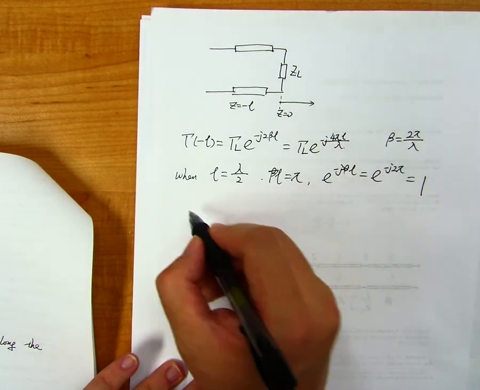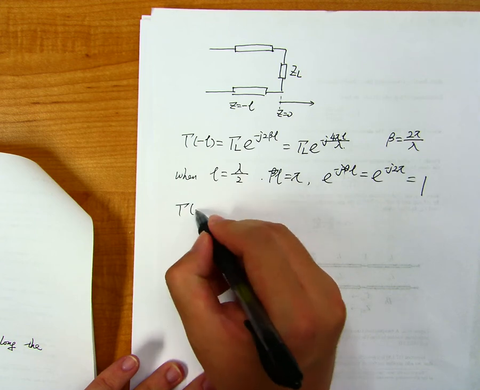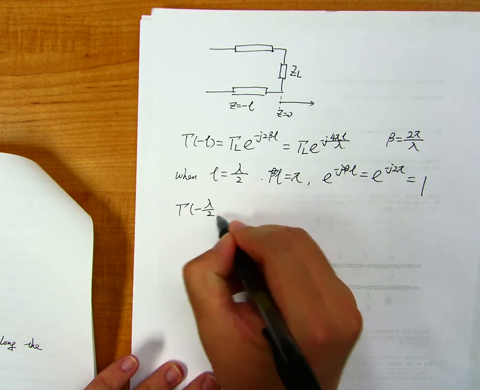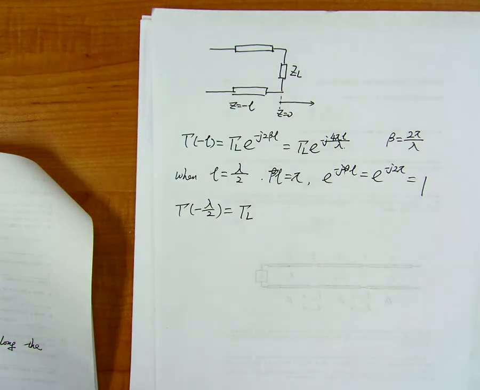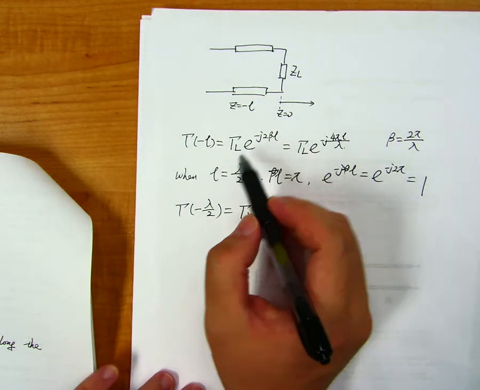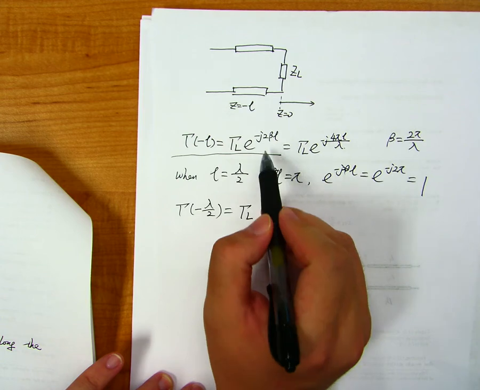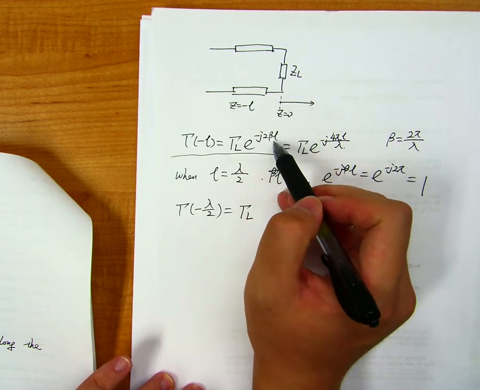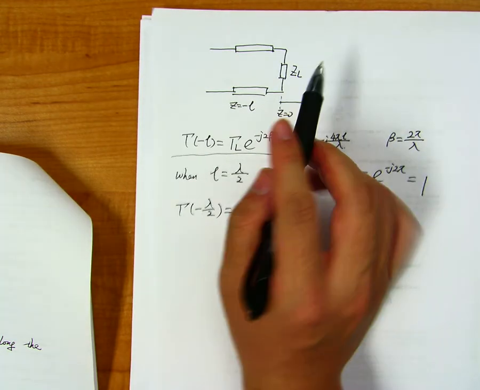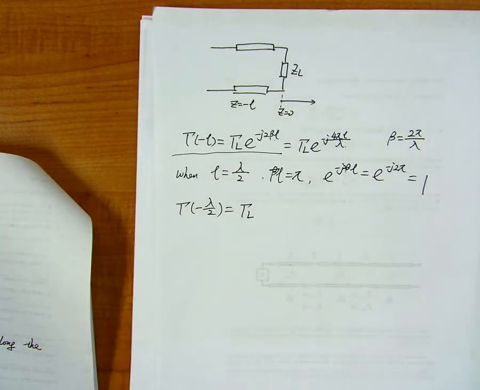So gamma of negative lambda over 2 is equal to gamma L. Actually, you can find the reflection coefficient with arbitrary L connected to this load by using the Smith chart.